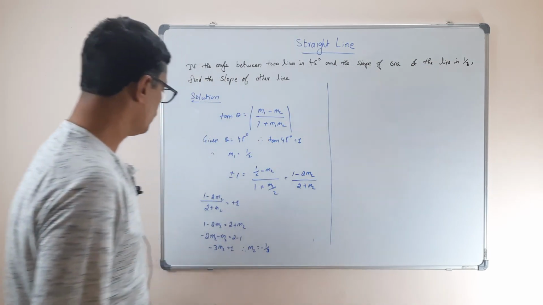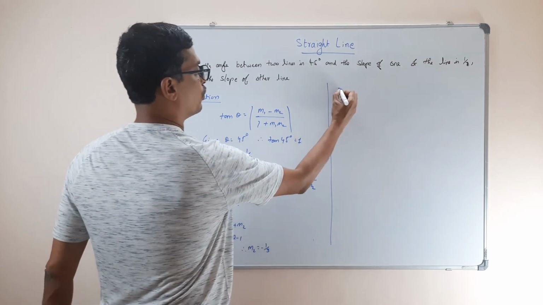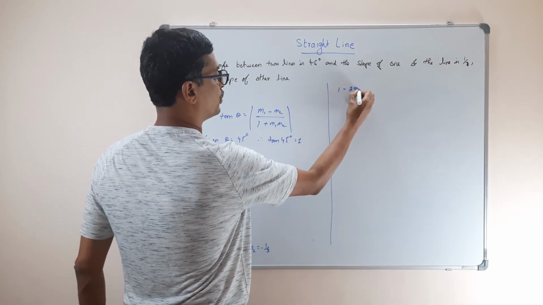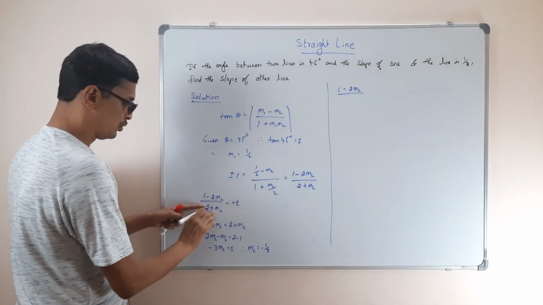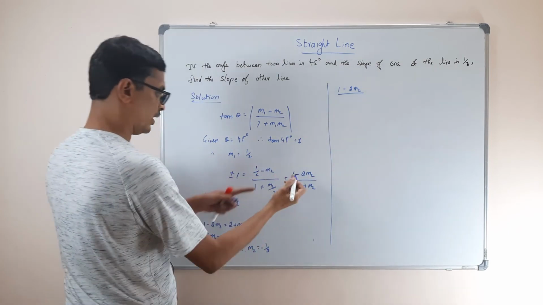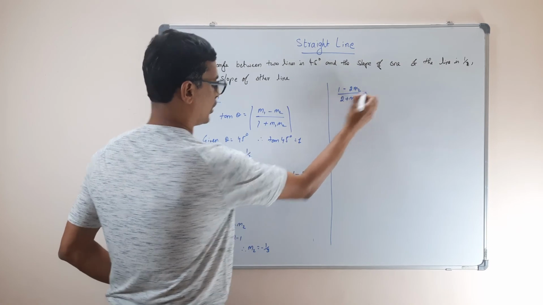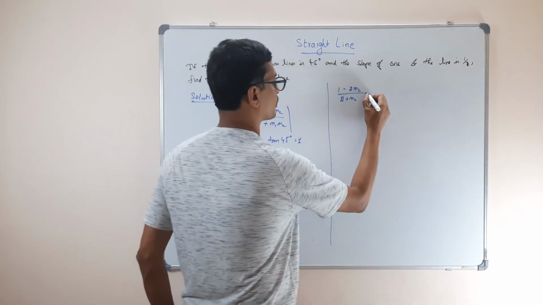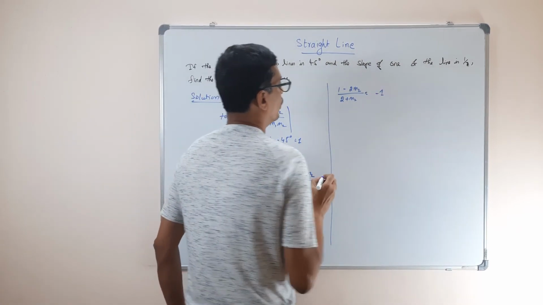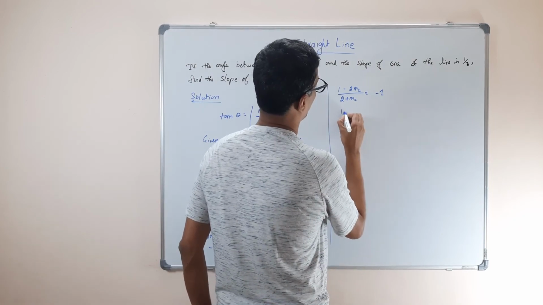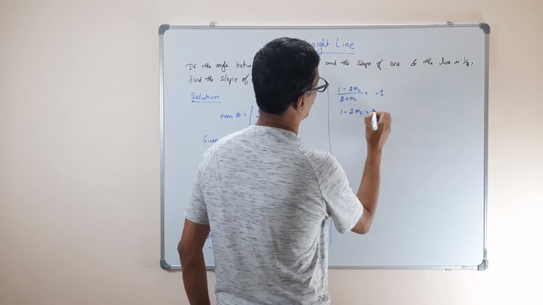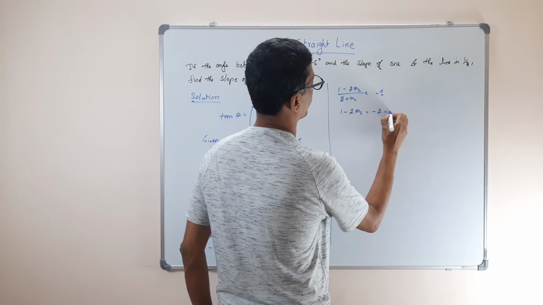So now let us take the next value. What will be the next value? Negative 1, right? 1 minus 2M2 upon 2 plus M2 will be equal to minus 1. So tell me what it will be. 1 minus 2M2 will be equal to minus 2 minus M2.